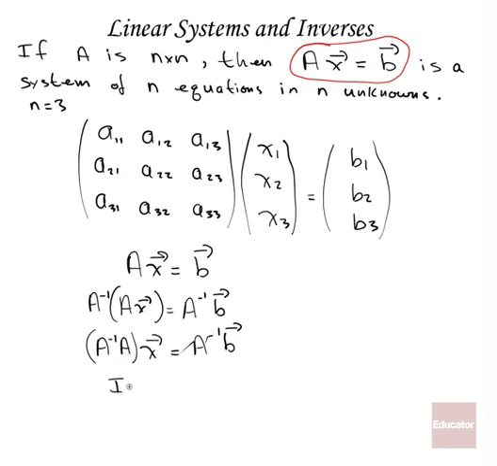So it's identity matrix times X equals A inverse times B. And the identity matrix times something just gives you that thing back. So identity matrix times X just gives you X equals A inverse times B.